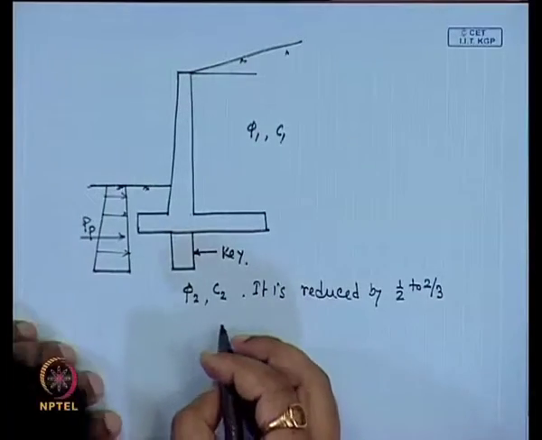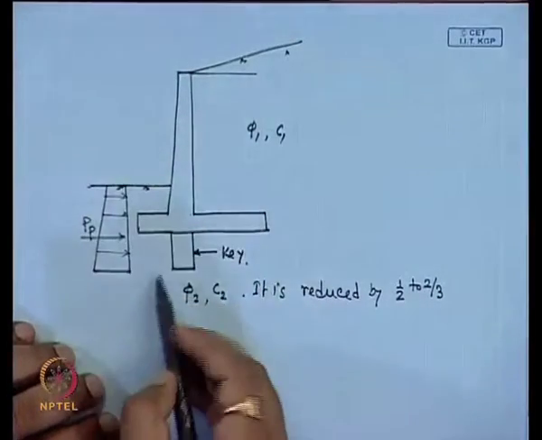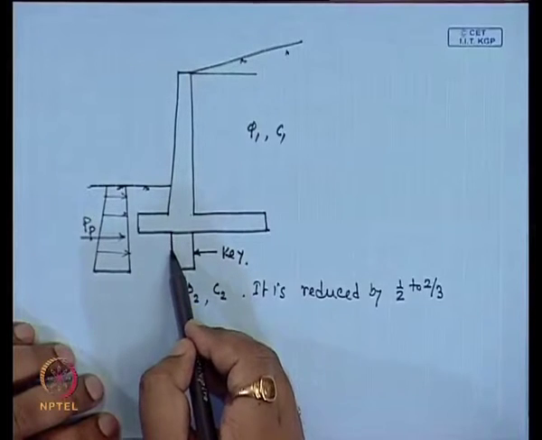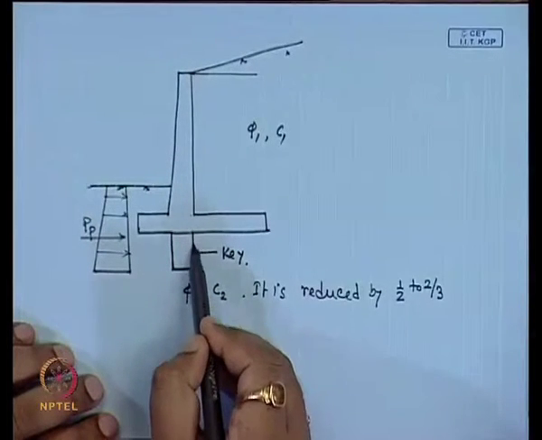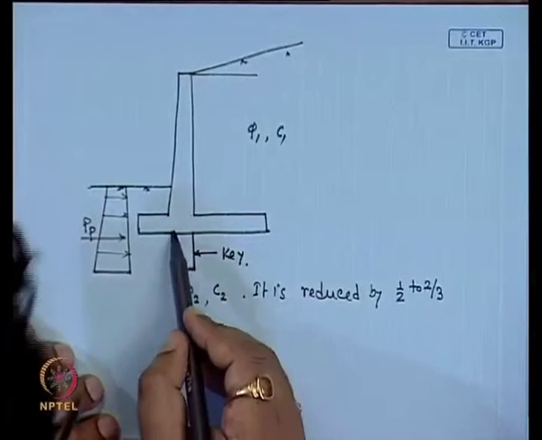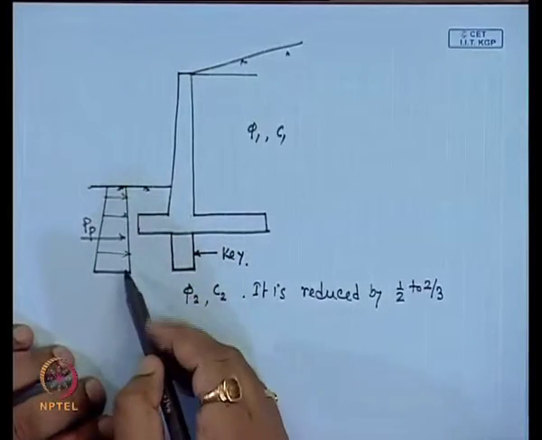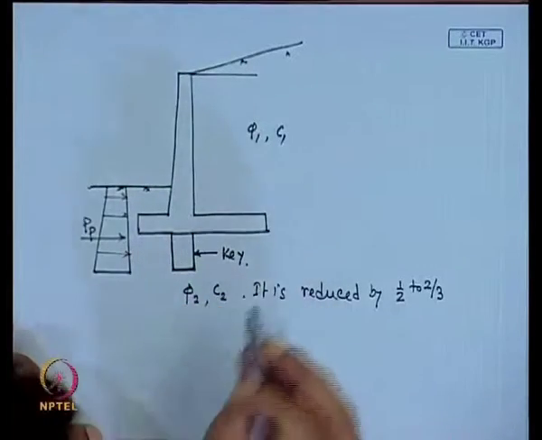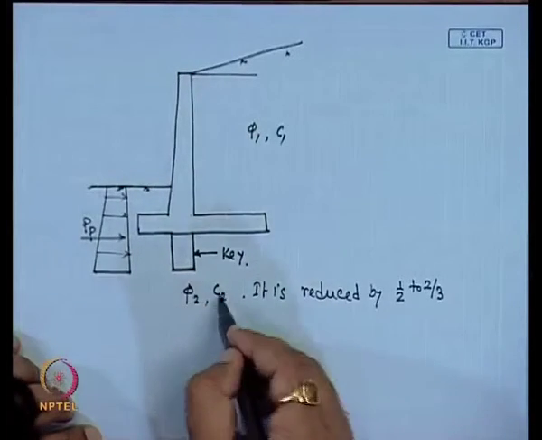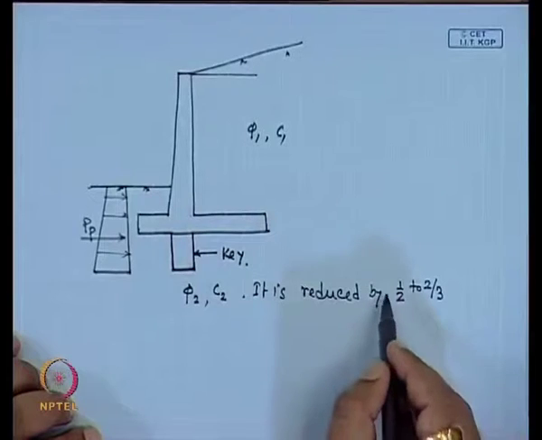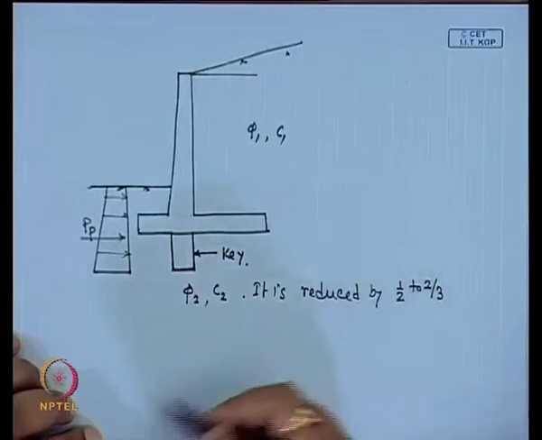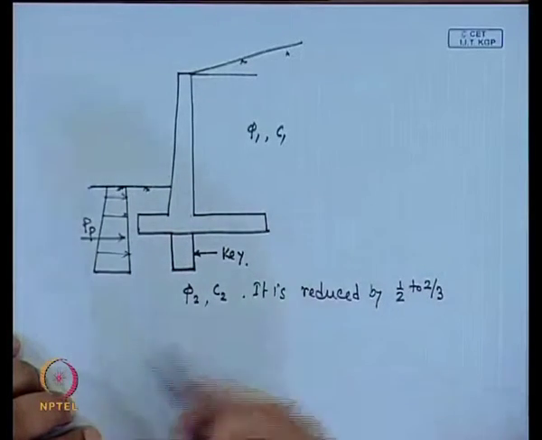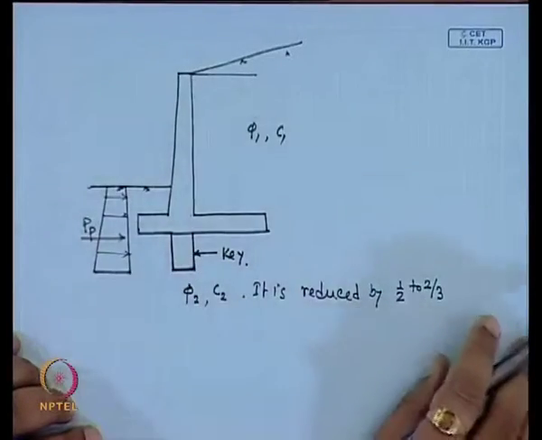As for the passive resistance, because we are applying this key for this portion only, it is doubtful whether the full passive resistance will be developed or not. So, just for additional factor of safety, this soil property C and phi is reduced by half to 2/3. So, now this is the function of the key.